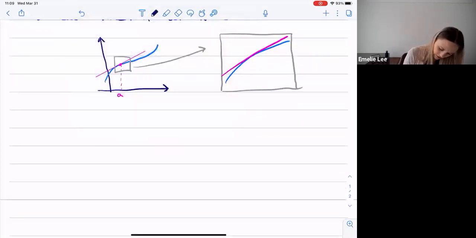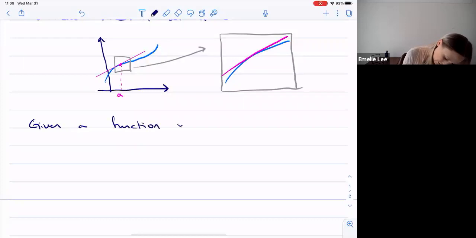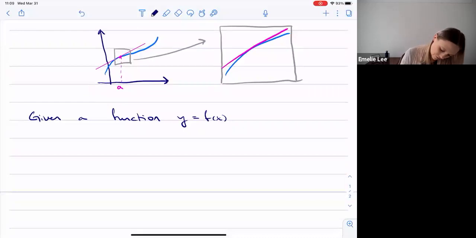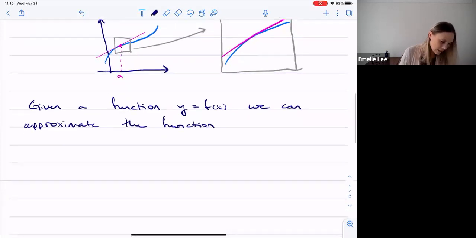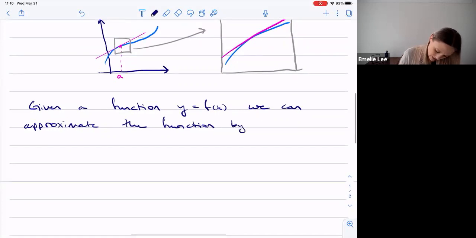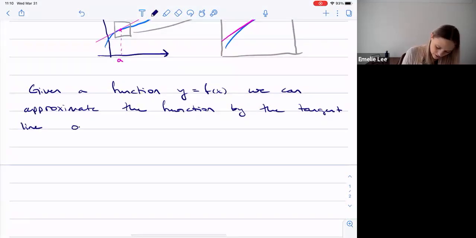So here, given a function y equals f of x, we can approximate the function by the tangent line over small intervals.